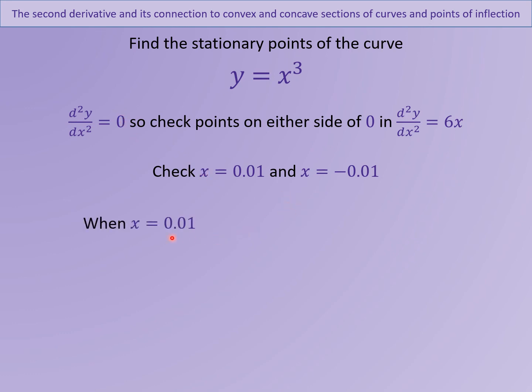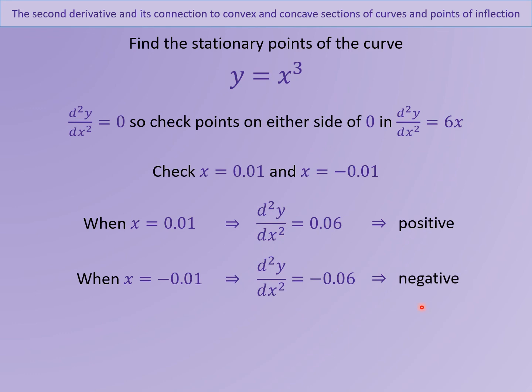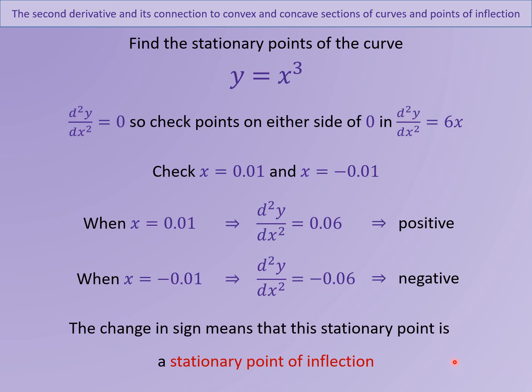When x equals 0.01, I get a positive answer. It doesn't matter what value it is, I just notice it's positive. That's all that matters. If the other one is also positive, then because they're both positive, it's going to be a minimum point. Or if it changes to a negative, then in this case it does change to a negative, so I know that it's a stationary point of inflection.